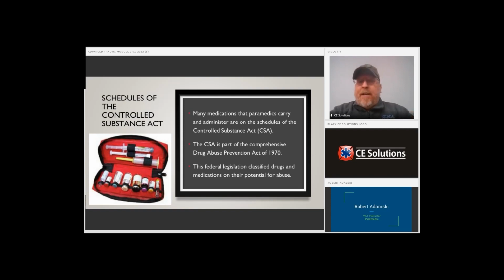So the CSA regulates and controls the use, storage, and administration of various drugs that can potentially harm people and/or pose a threat of addiction. It was originally created in 1970, and then it's subsequently been updated.